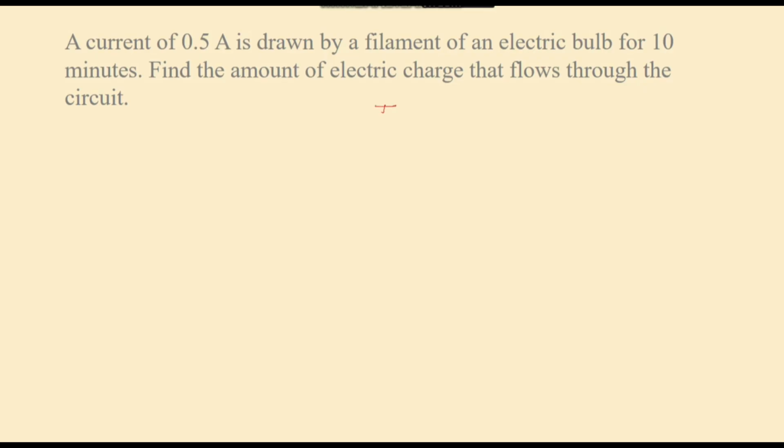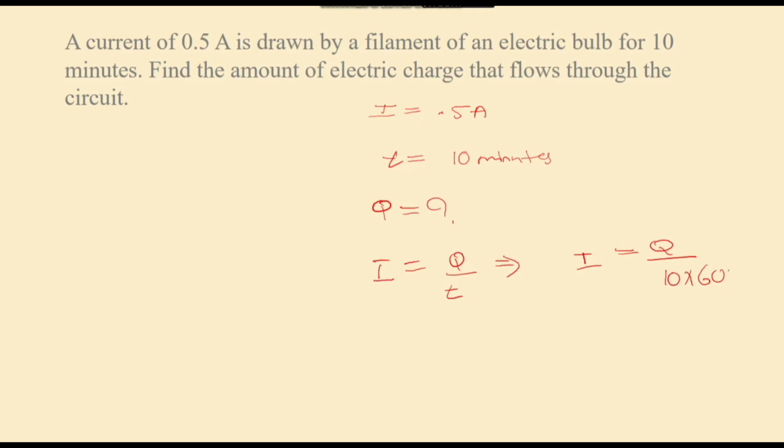Here is a problem. The flow of current I is given as 0.5 ampere, and the time T is given as 10 minutes, and we can find the amount of charge Q. We use the equation I is equal to Q divided by T. T is 10 minutes, 10 into 60 is 600 seconds, and I is 0.5. So 0.5 is equal to Q divided by 600 seconds.